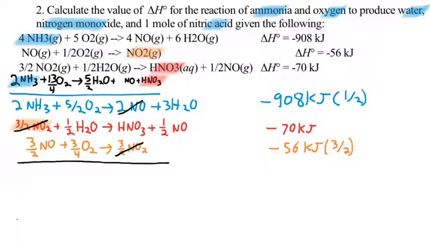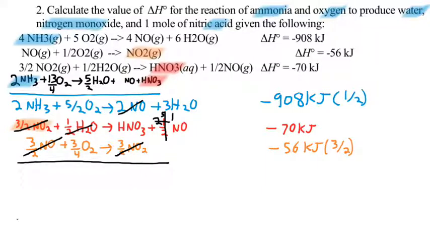I have the 2 NOs in blue, and in red I have 1/2 NO, so the total there is 5 halves. Then I'm going to cancel out the 5 halves with the 3 halves in orange. So that's going to leave me with 2 halves, or 1 NO.